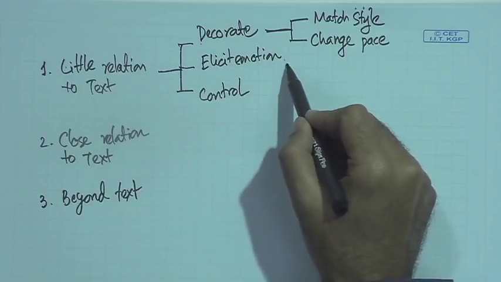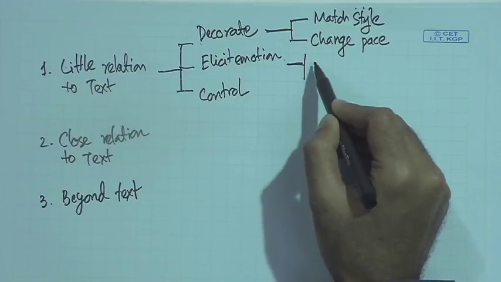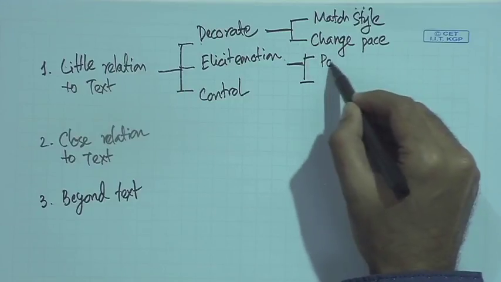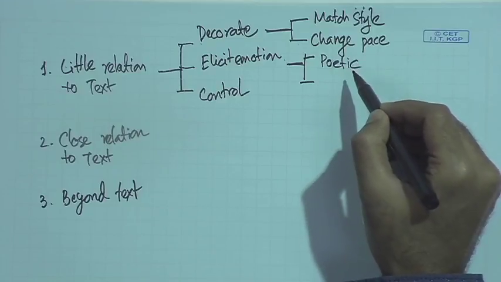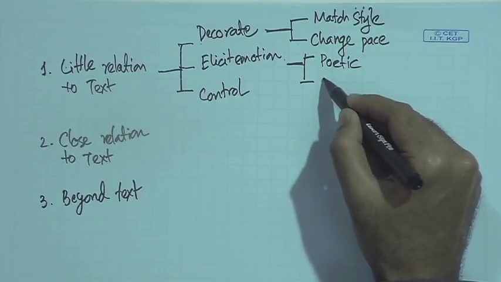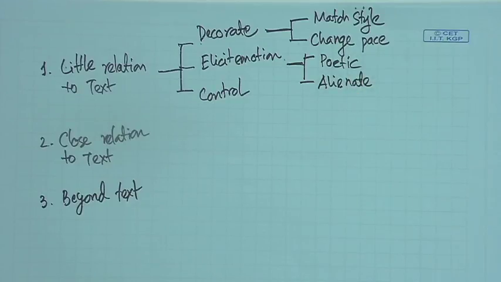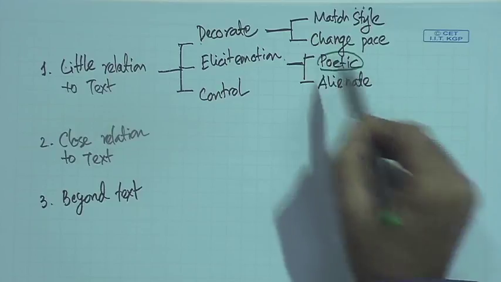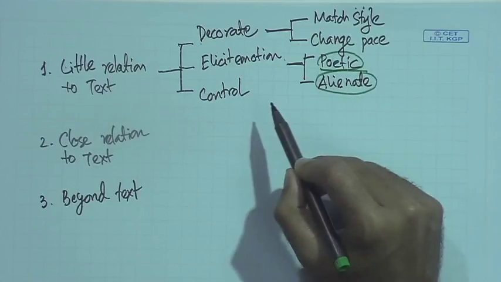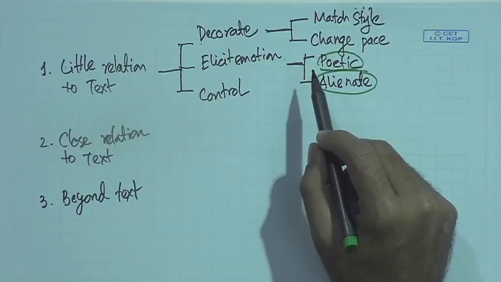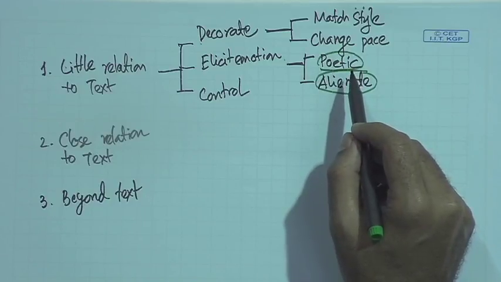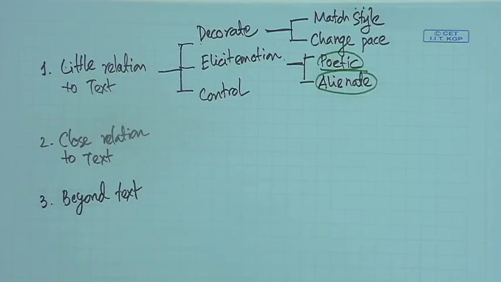Now, if we look at the emotional aspect, when we are talking about eliciting emotion, we can have a poetic nature in place, or we can have something which alienates us. So, we can have a poetic notion and we can have something which alienates. So, basically the poetic aspect is the spiritual qualities or the different effects that the object projects.